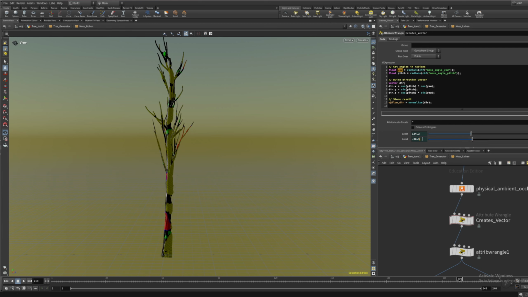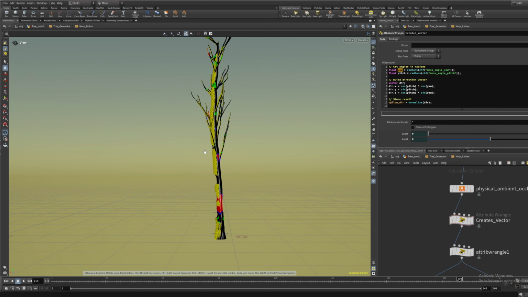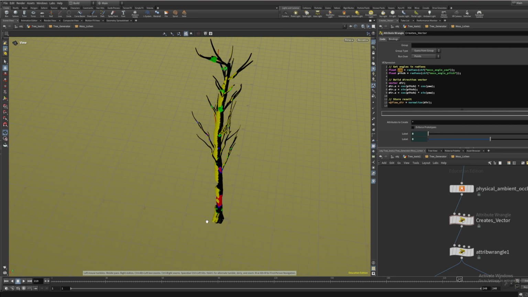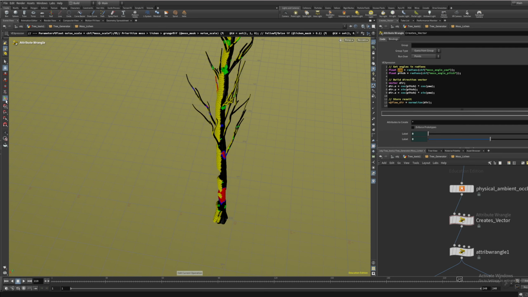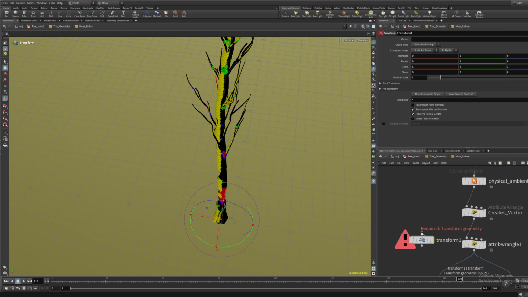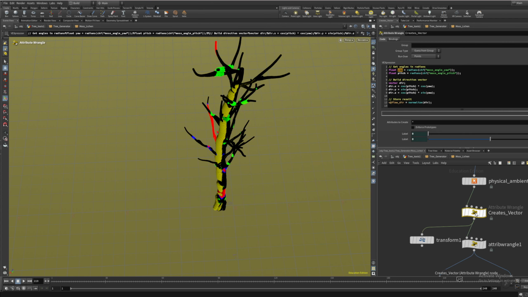So if we put our values at 0, you'll see that it has generated our moss perfectly looking at the tree from this angle. And if we look down, it is perfectly pointing in the x direction because we've given it a value of 0, 0.